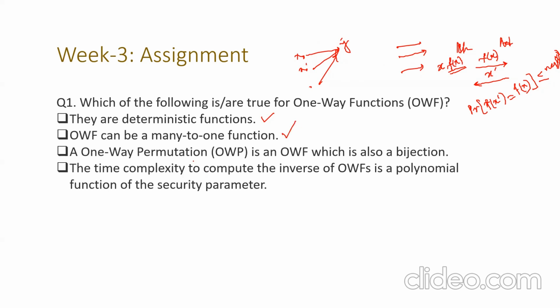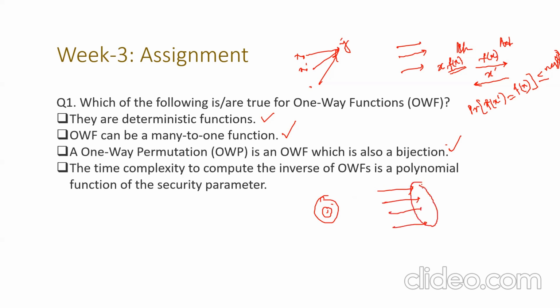This is true. A one-way permutation is a one-way function which is also a bijection. Of course, this is also true because a one-way permutation can be thought of as a subset of one-way functions. The only difference is that in OWP, it's a bijection, so it's one-to-one and onto.